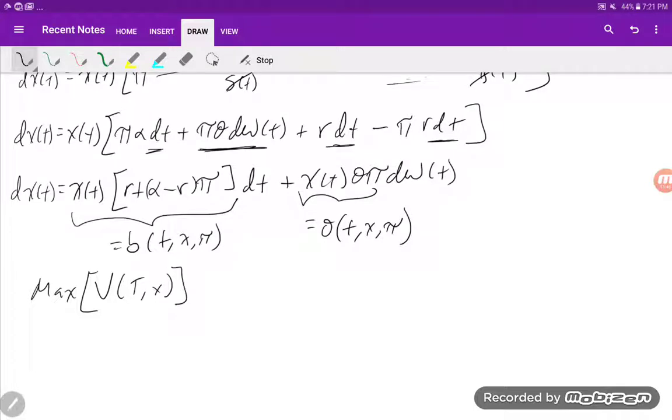So again, we want to maximize our utility at the terminal time.